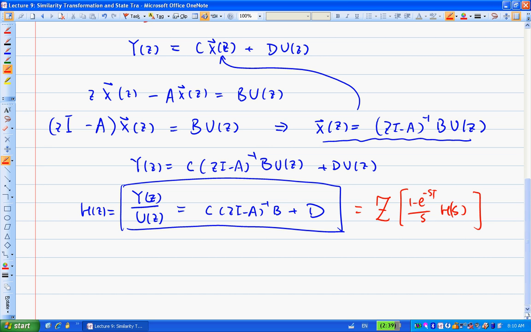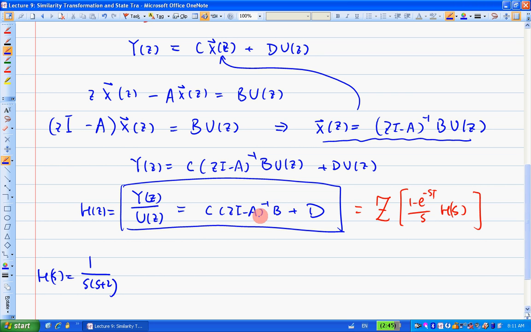In the previous lecture, we had an example, so you can take a look at that. In that example, H of s equals this. We did a discretization and obtained A, B, C, D. You can look at the lecture notes.